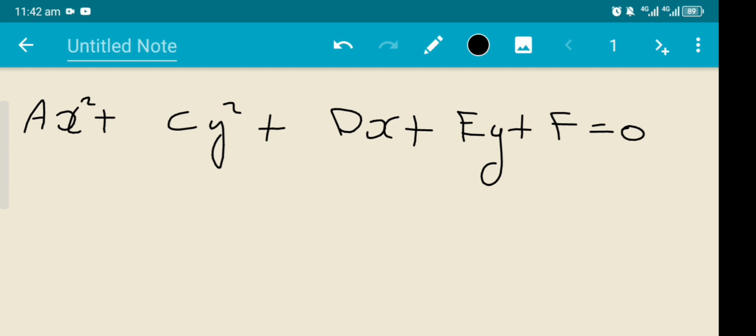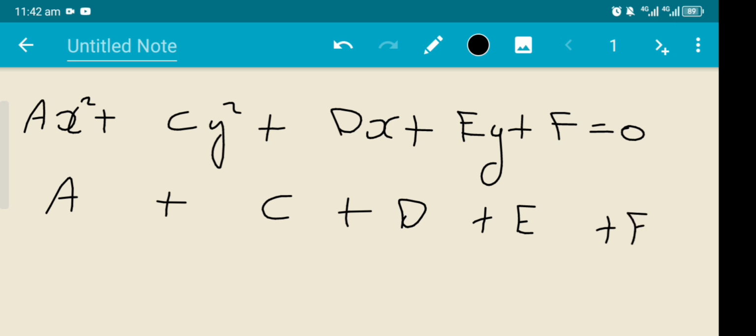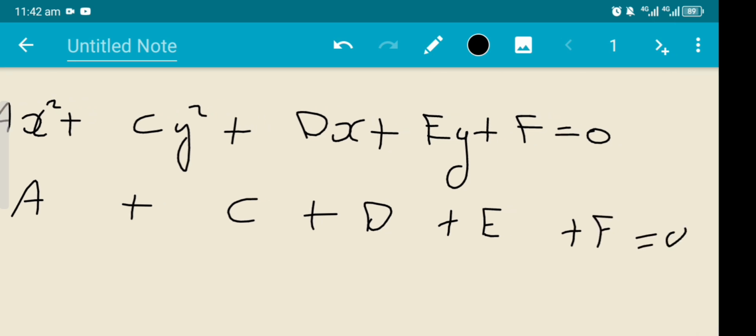Let us do the same thing which we've done, but this time let us add b. So we're going to say a plus c plus d plus e plus f should be equal to 0.